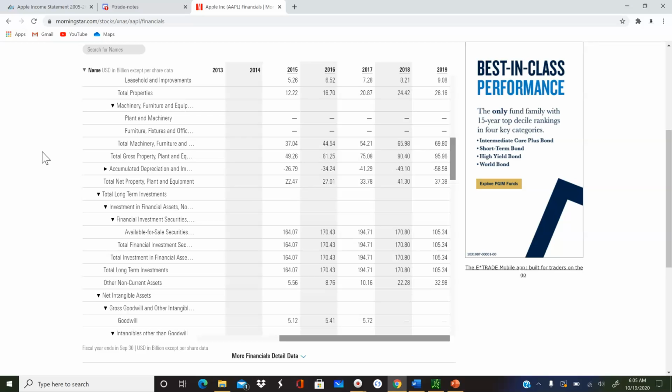Luckily, Morningstar calculates net PPE for you, and that's just this line item here.